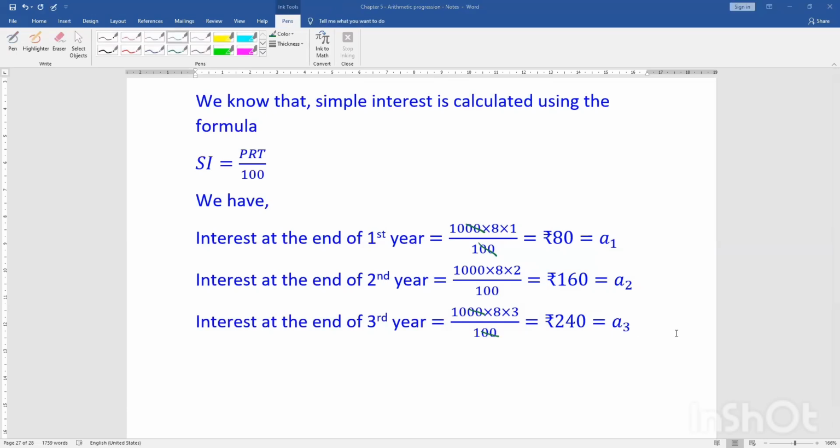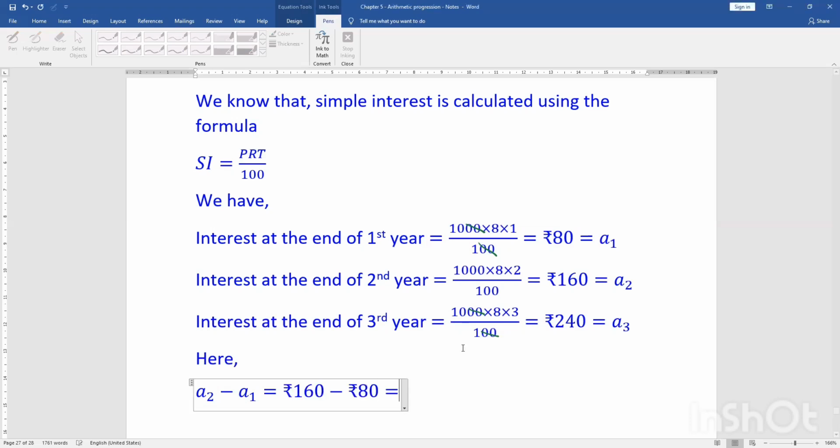Now here, we would find out A2 minus A1 first. A2 minus A1 is 160 minus 80, which is equal to rupees 80.